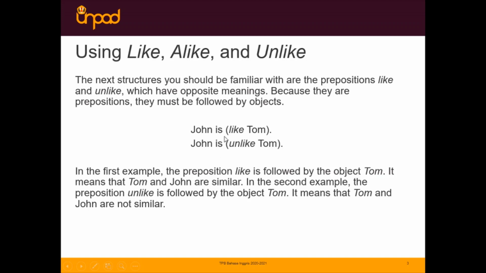Now, in the first example, the preposition like is followed by the object Tom. It means that Tom and John are similar. In the second example, the preposition unlike is followed by the object Tom. It means that Tom and John are not similar.